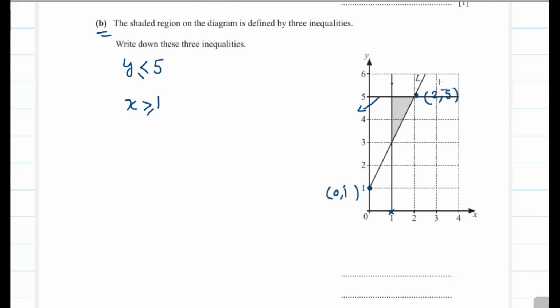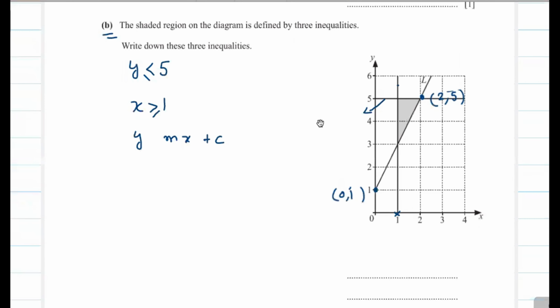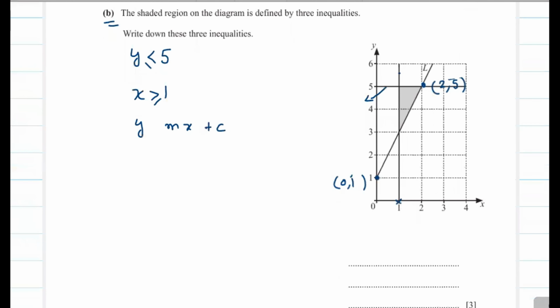Now, the third inequality, you see here, this is the line. The equation of the line will be y is equal to mx plus c. Now you see here m, you already found the gradient of this line. The gradient is 2, so we write 2x, and c is the y-intercept, which is 1.